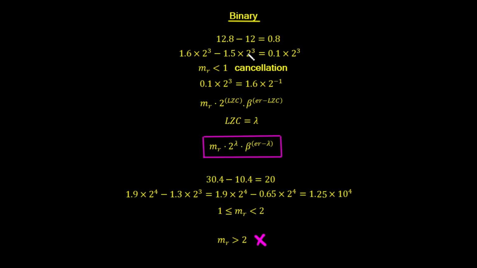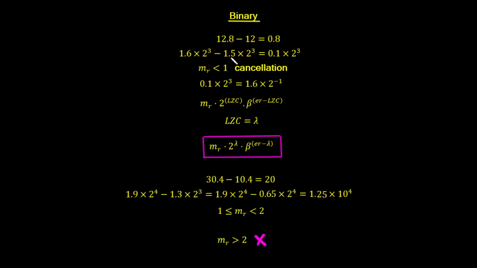Now the interesting one here is whenever a cancellation occurs. That is whenever the subtraction of the mantissas gives us a number that's less than 1. So let's look at an example here. We have 12.8 minus 12, which gives us a number 0.8. So that's equivalent to 1.6 times 2 to the 3.